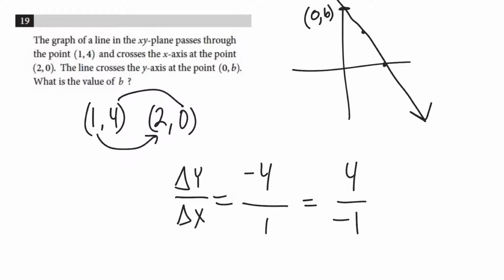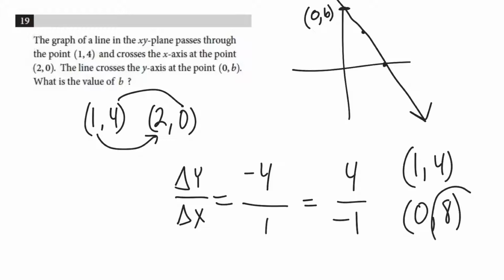This is saying if we go to the left 1 on the x-axis, we go up 4. Well, we know we have a point at 1, 4, so if we go to the left 1, we'll be at 0, and then we go up 4, we'd be at 8. So the b value that we're looking for here is 8.